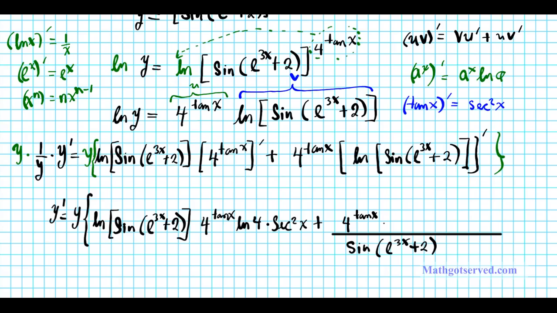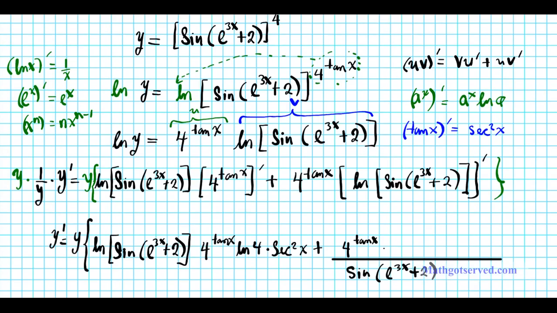We know what the derivative of sine is, right? The derivative of sine x is cosine x. So if I differentiate sine, which is the next function, we have 4 functions here, I'll have times cosine of e to the 3x plus 2. That's the derivative of the sine.